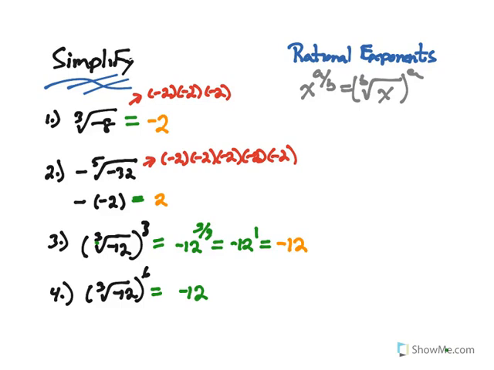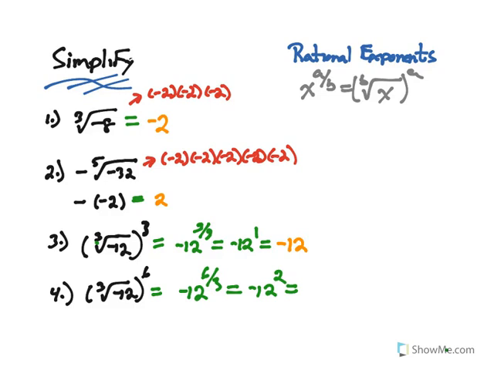And don't forget, the exponent is the numerator, the root is the denominator. So this is going to be 6 reduced to a fraction, 6 divided by 3 is 2. Okay, and the answer is going to be 144. Negative 144, or positive 144, sorry.